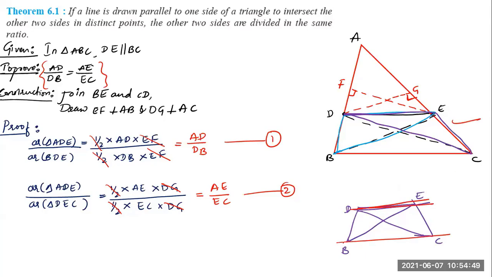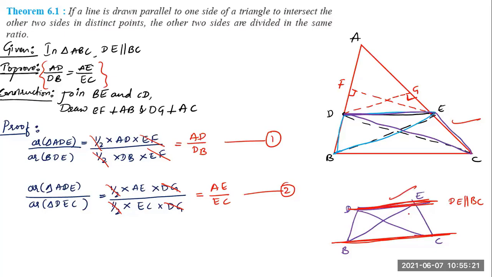Are these two lines, which I am drawing here in red color, DE and BC, parallel? Yes, sir. Okay, if they are parallel, and both triangles, BDE and DEC, are on the same base. What is the base for both the triangles? DE. Yes, DE is the same base.